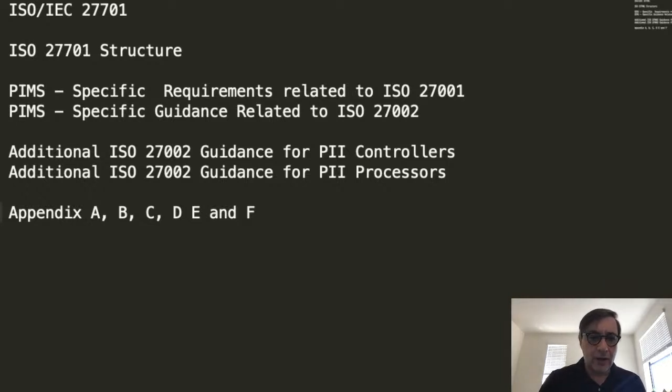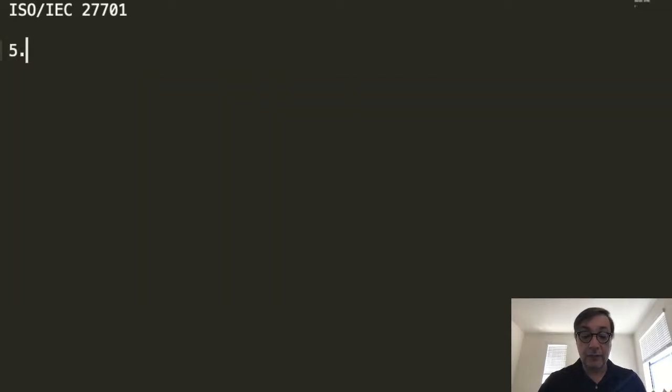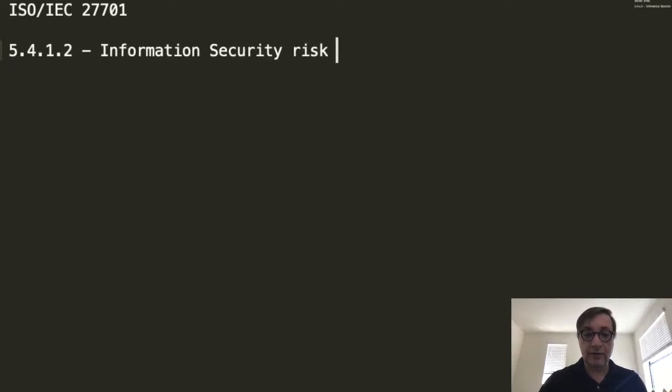Very well. So some examples here. Then you have an example here of the ISO 27701. There is, for example, this clause, I'll just write it down here for you. The clause 5.4.1.2, that is information security risk assessment. So what it states: the requirements stated in ISO 27001 apply with the following refinements.